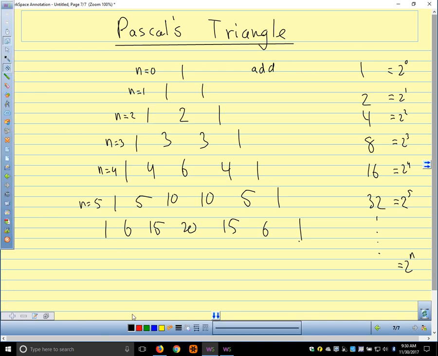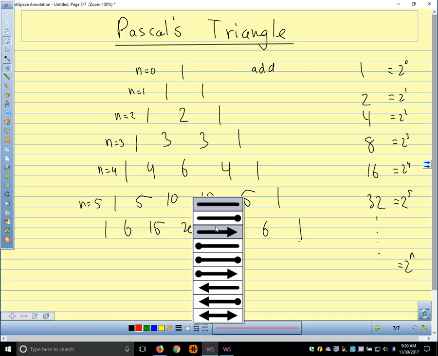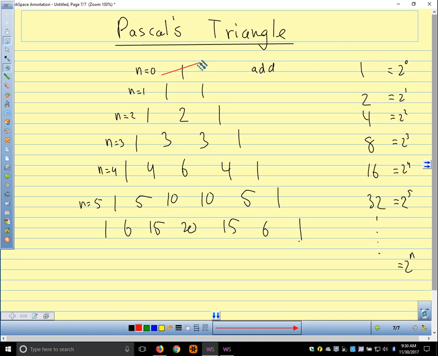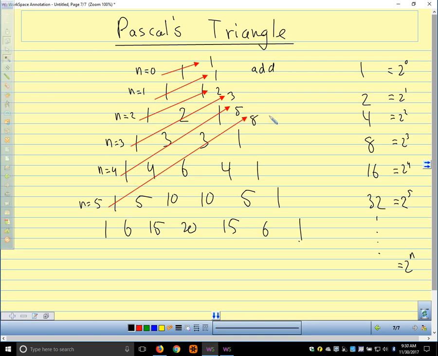If I do something that we call the shallow diagonals, put an arrow on here, and I'm going to add the numbers in the shallow diagonals. 1, 1, 2, 3, 5, 8, etc. So if we add the numbers in the shallow diagonals, we get the Fibonacci sequence.